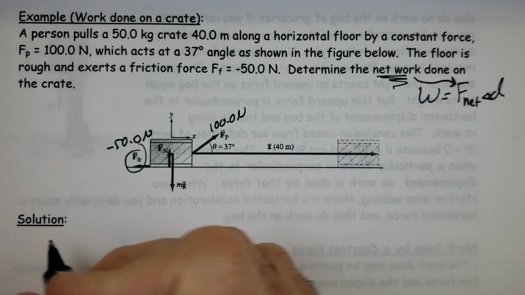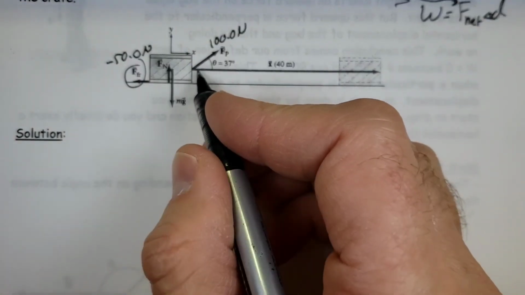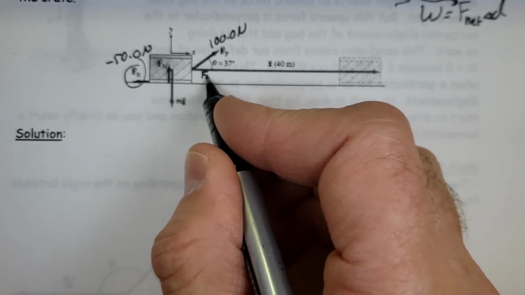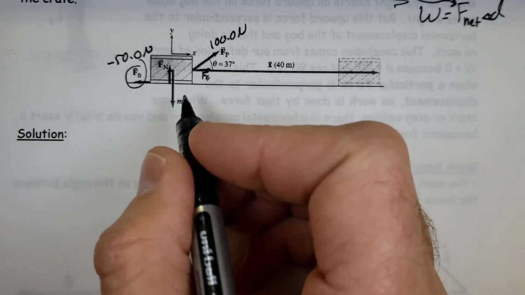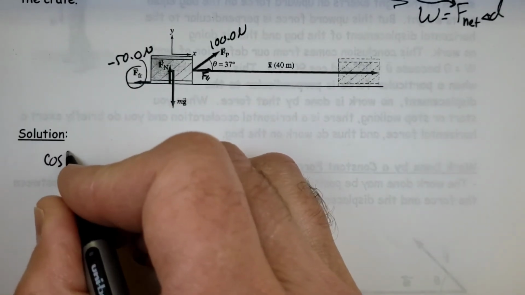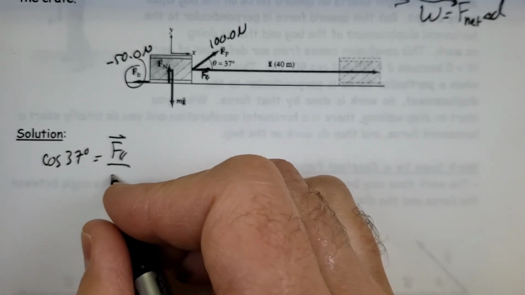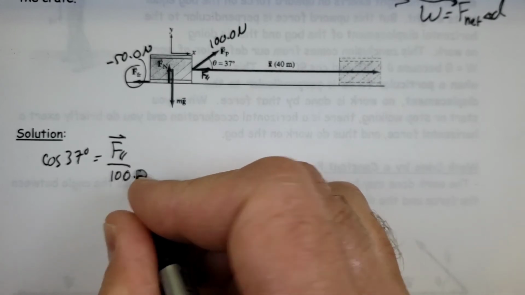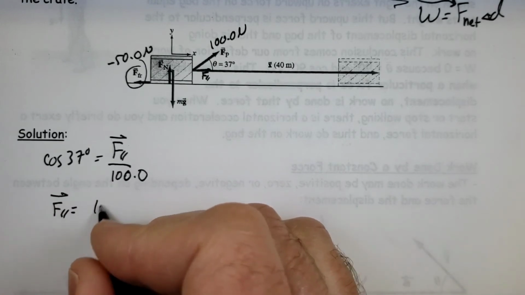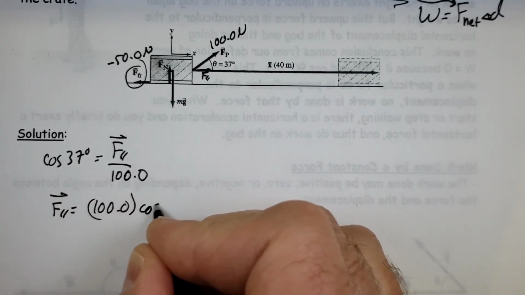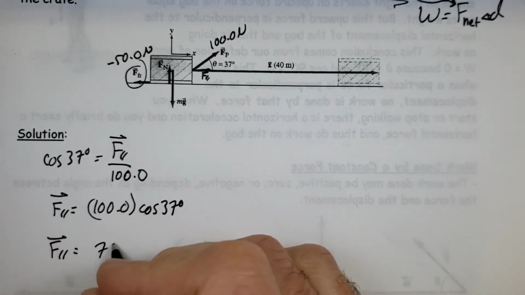If we look at what's going on horizontally, we have our angled force, and of course we need to figure out F parallel, that force that's pulling to the right. So F parallel is equal to 100 multiplied by cos 37 degrees. F parallel equals 79.9 newtons.